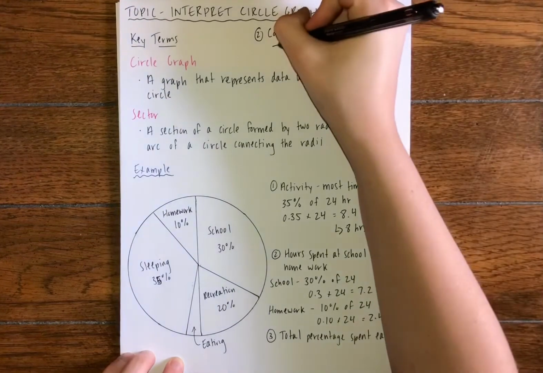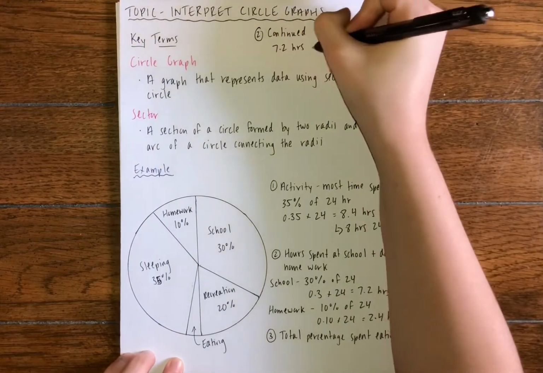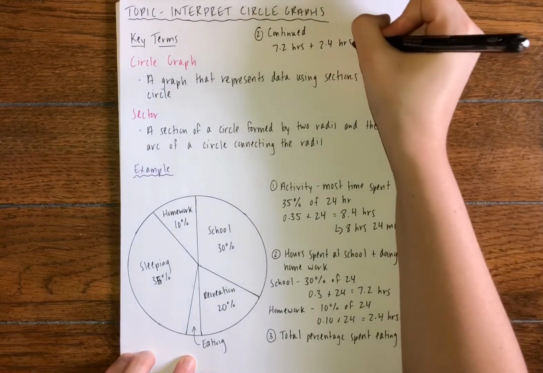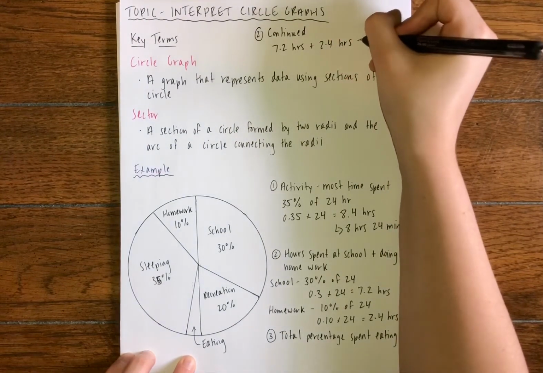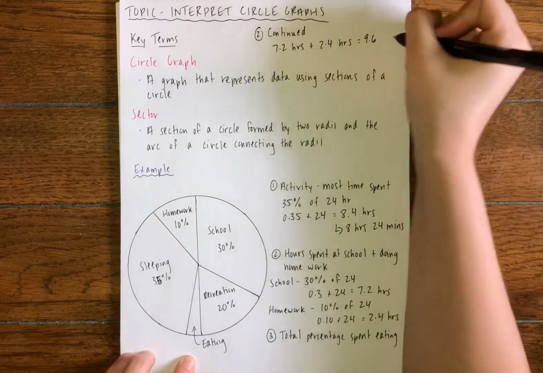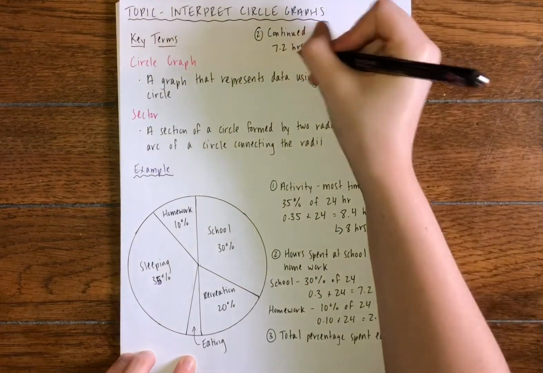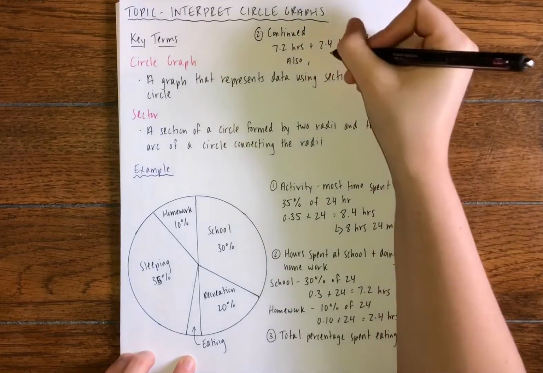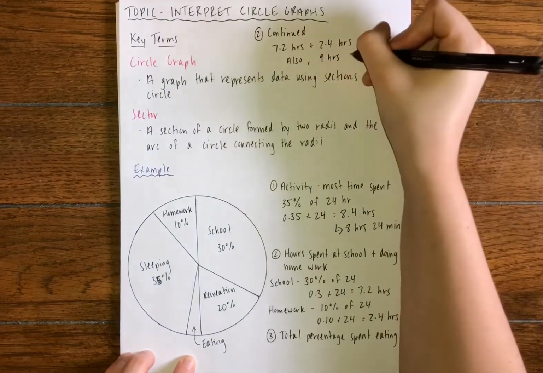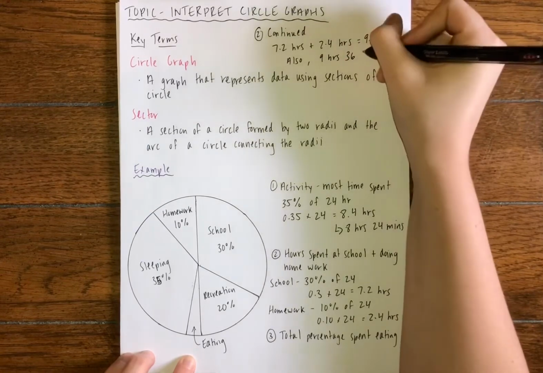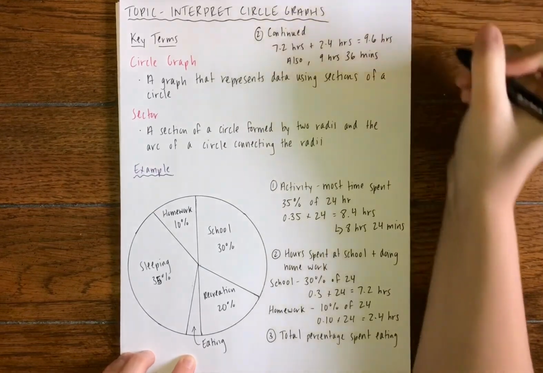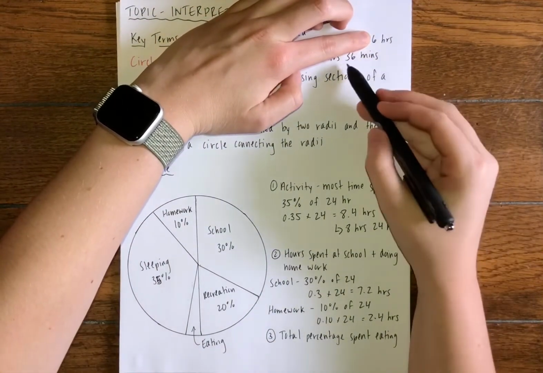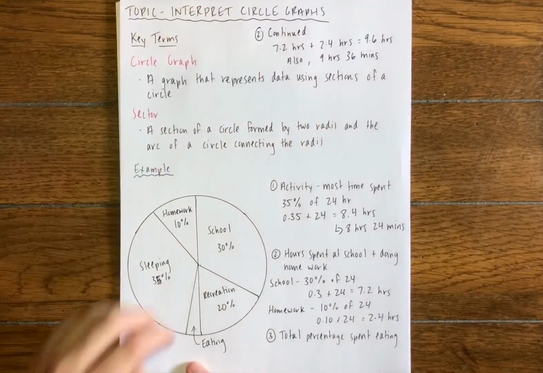So we have 7.2 hours plus 2.4 hours, which is equal to 9.6, also 9 hours and 36 minutes. So when you're looking at that again, 60% of 1 hour is 36 minutes.